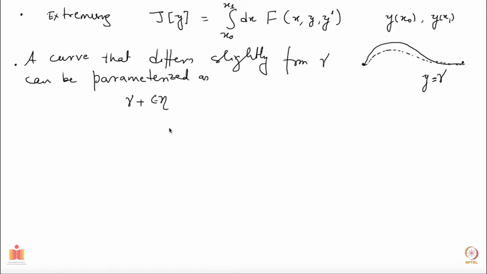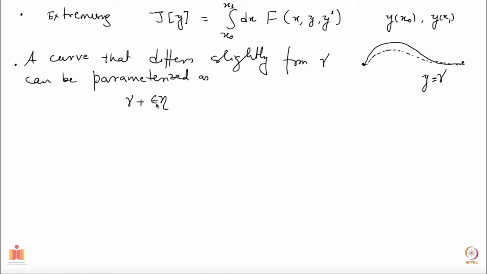This is a trivial statement. All I am saying is this curve, which is given by some another function y of x, will be almost gamma, but there will be small deviations which will be controlled by a small parameter epsilon.